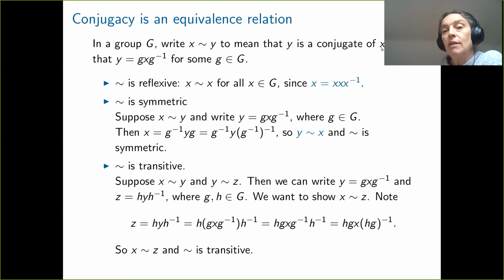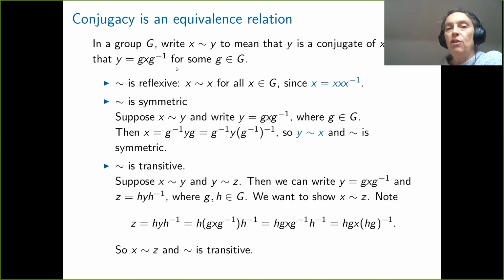According to our definitions, to say that y is a conjugate of x in a group G means that y is equal to gxg^{-1} for some element g of G. That's what x related to y means.